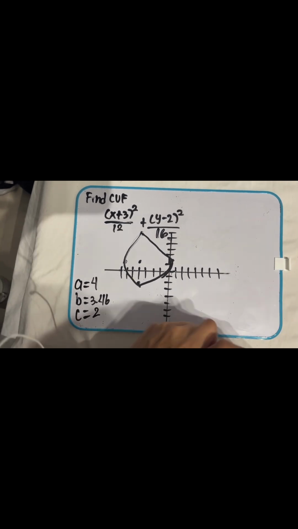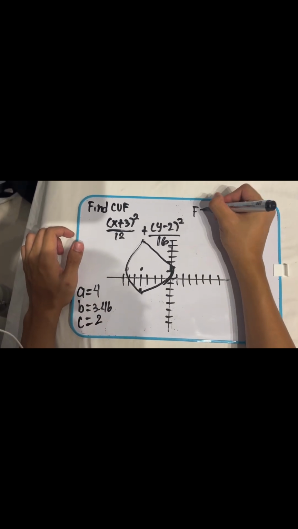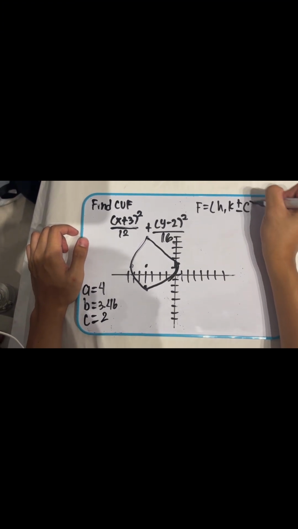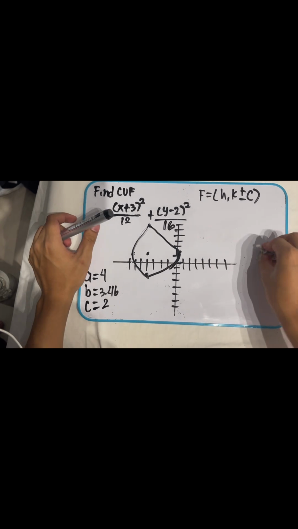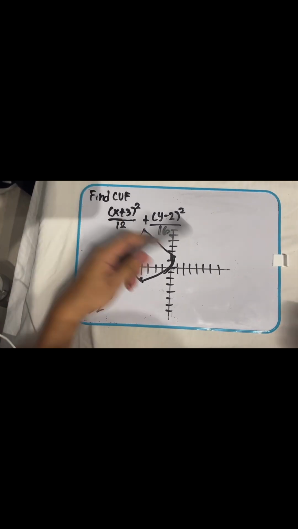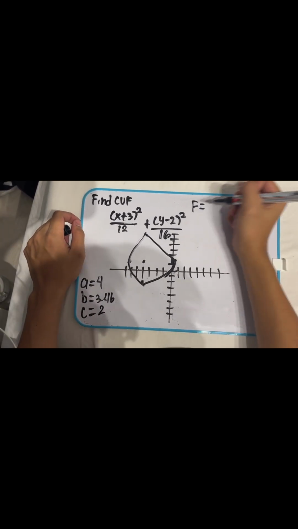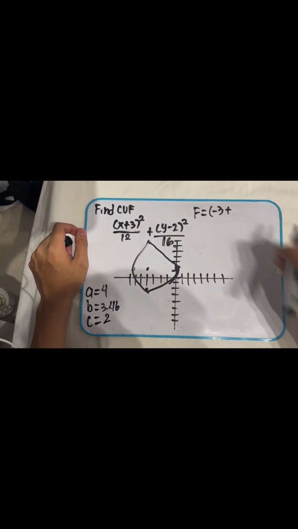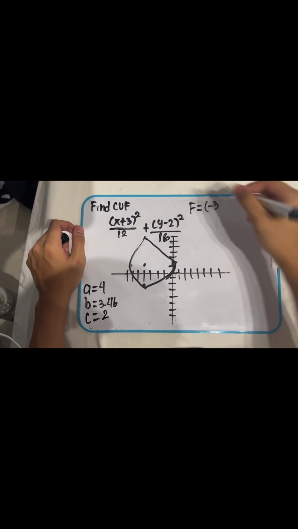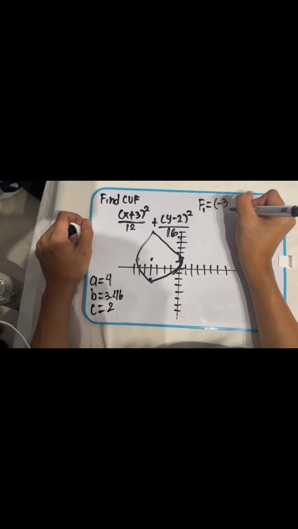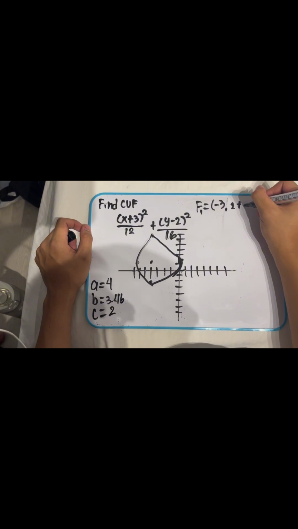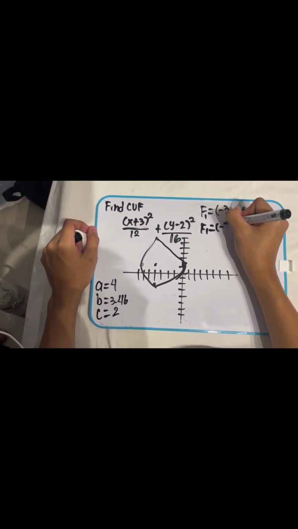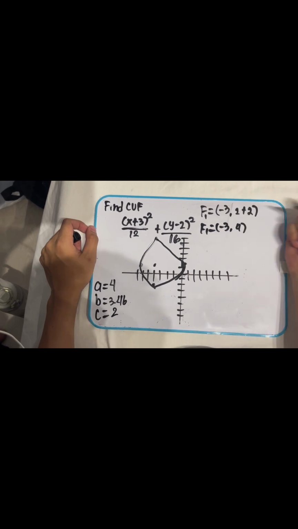So let's get our foci. The formula for our foci is F equals (h, k) plus minus c. That's our formula for our foci. So we write it down as F equals -3, 2 plus 2. So F1 equals -3 and 4.